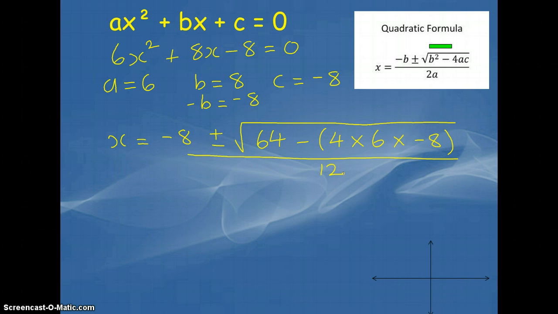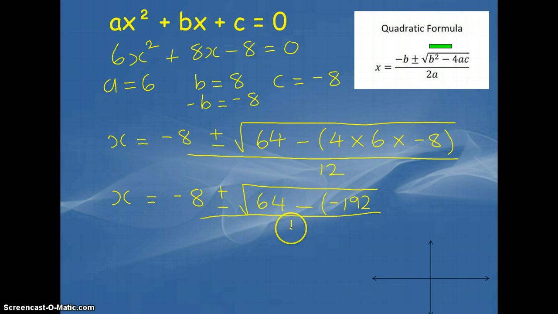Now all we're going to do is start simplifying and neatening some of this up. So we still have minus 8 on the outside, plus or minus the square root of, well, for a moment I'm going to keep it as 64, take away 4 times 6 times minus 8, well, that's negative 192, and that all remains divided by 12.